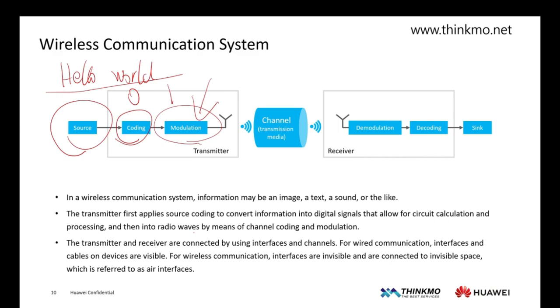In a wireless network, the receiving device receives the signal through the air interface. After receiving the signal, it is first demodulated, then converted from an analog form to a digital signal. Finally, it is decoded. The redundant information added during channel coding is removed to restore the original data, and finally, the data is sent to the receiving device. This completes the communication process.